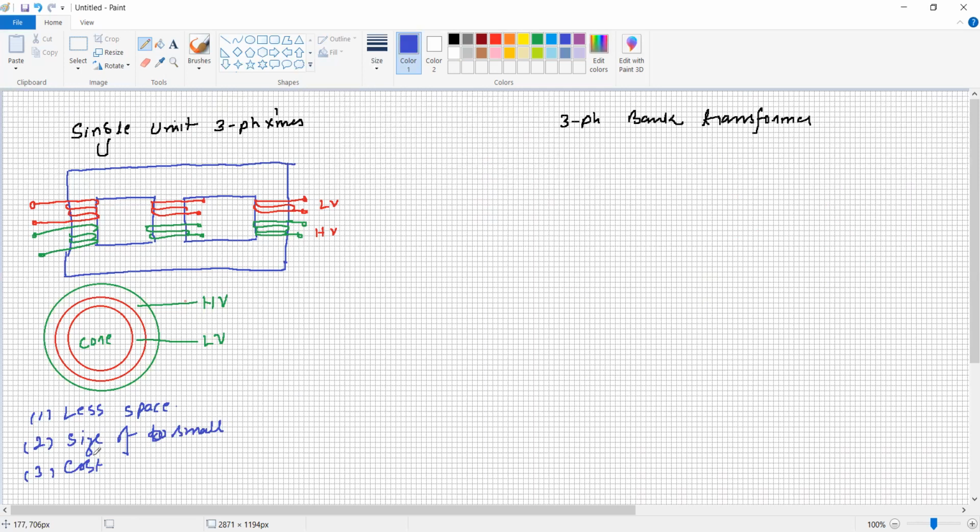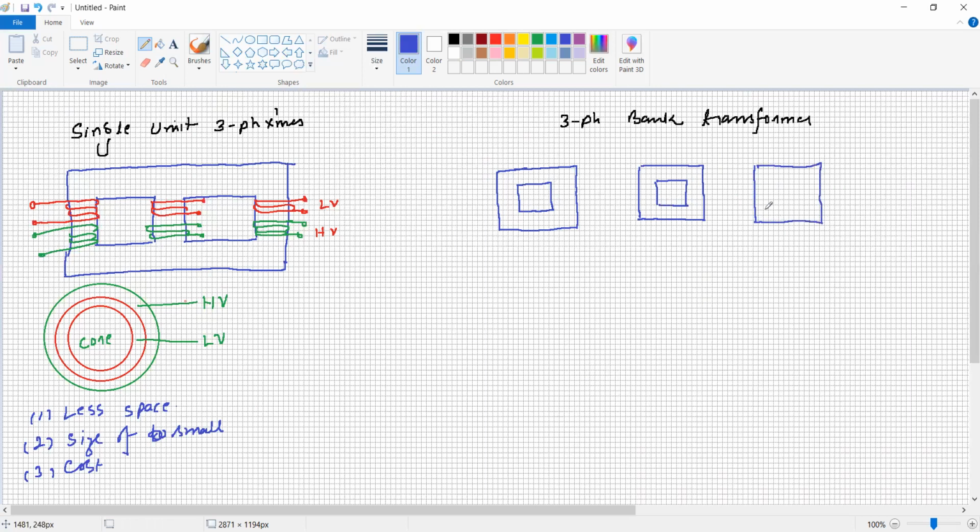Okay, so first we'll see the construction of the three-phase bank type transformer. In the bank type transformer, there are three separate single phase transformers. This is one transformer, this is the second transformer, and this is the third transformer.